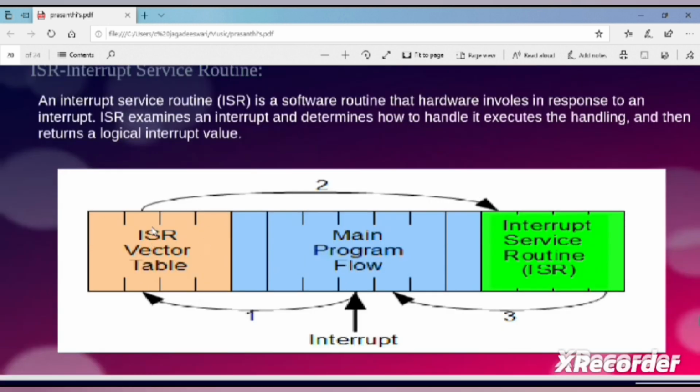This is the ISR vector table and main programming flow. From this figure we can understand the interrupt entering into the main programming flow.